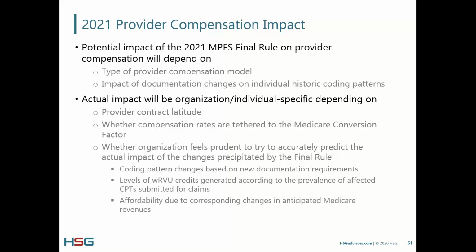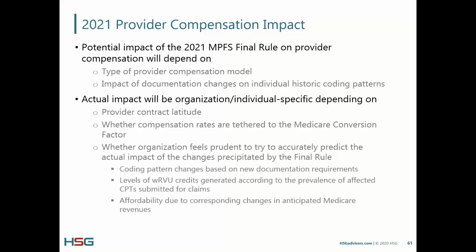So the actual impact, though, and what you're able to do with this is going to depend in large part on what your provider contracts allow as far as latitude. We've encountered some clients whose provider contracts say it will be the current year Medicare conversion factor. And that's what we're going to multiply our wRVUs by, for instance.